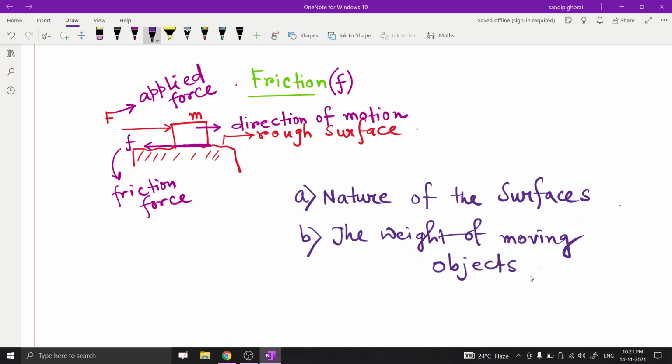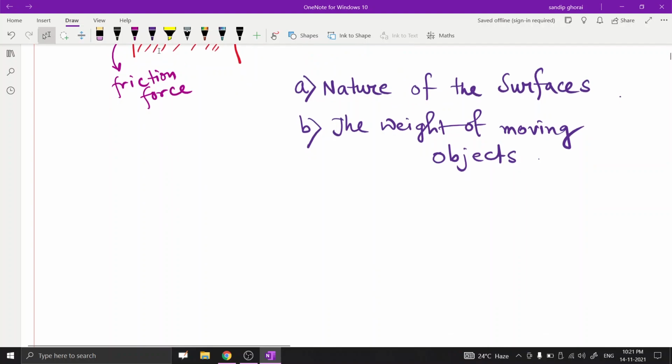Now the question is how friction force depends on the nature of the surfaces, and how it depends on the weight of the moving body.